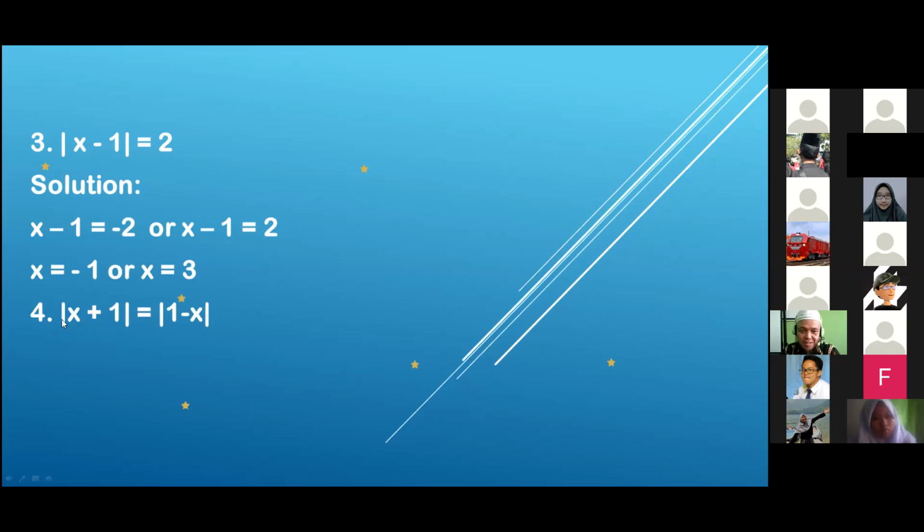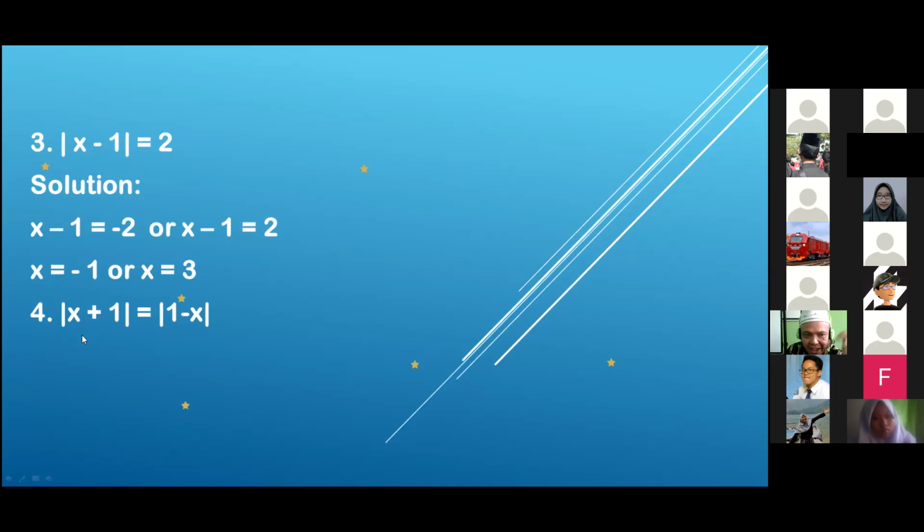The case 4: x plus 1 negative and 1 minus x positive. But these 4 cases can be simplified to be 2 cases only.